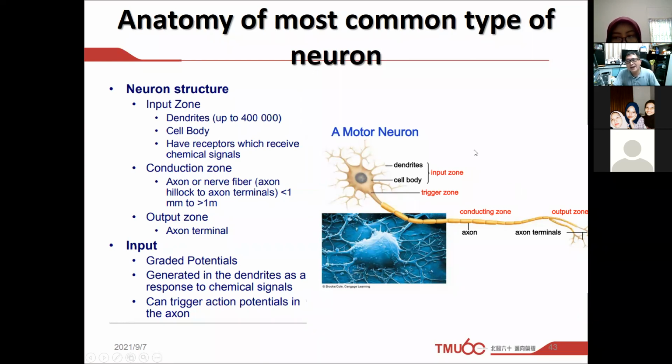Okay, when they get the signaling, they make an action potential, and it will pass from this side to the tips of the axon. In the end, this action potential will open up calcium ion channels.